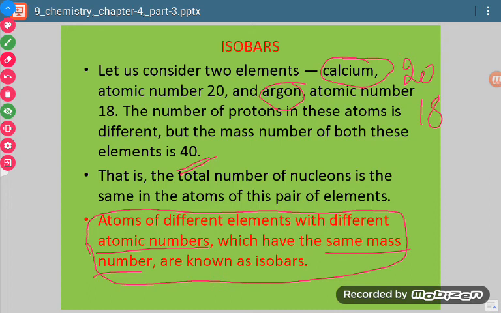So these two species, calcium 20/40 and argon 18/40, are isobars.